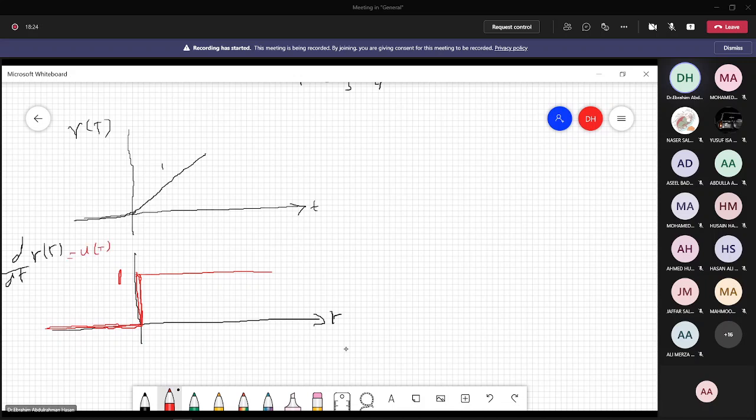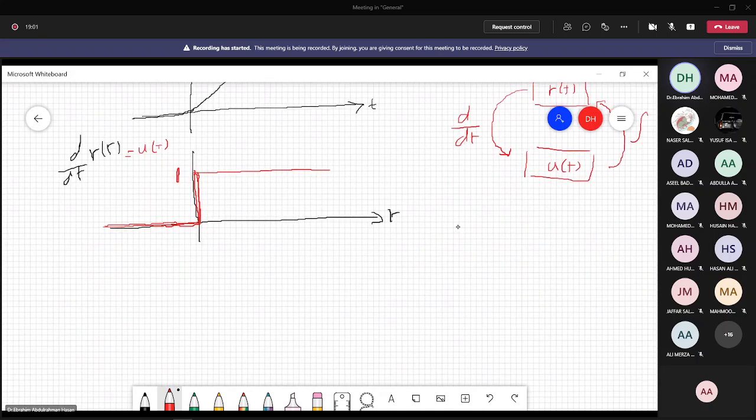So the derivative here: if you have ramp of t and you have u of t, then the derivative of r, d by dt, gives you u of t, the step function, which means that integration of u gives you the ramp function.